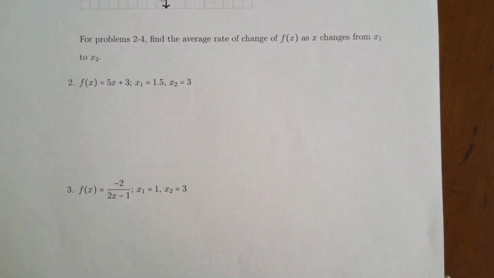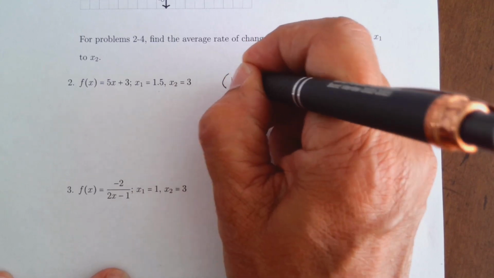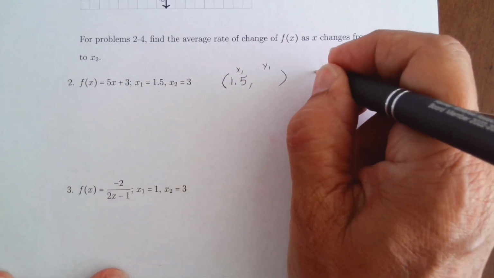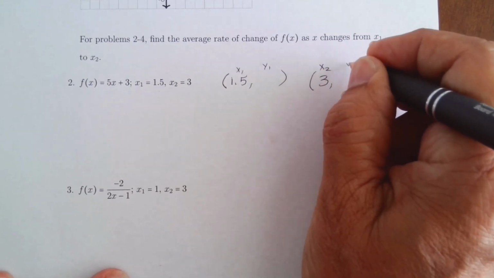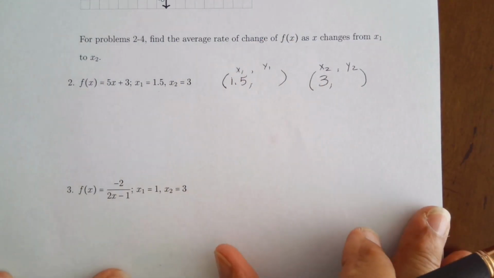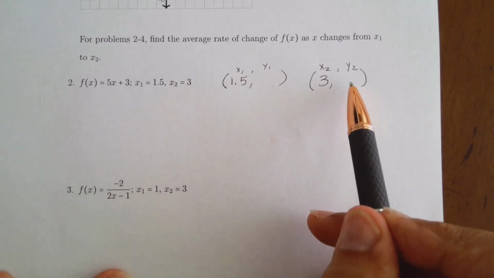For each of these, the two x values they give you, 1.5 is x1, so we have to find y1, and then they gave you x2, which is 3, so we need to find y2.